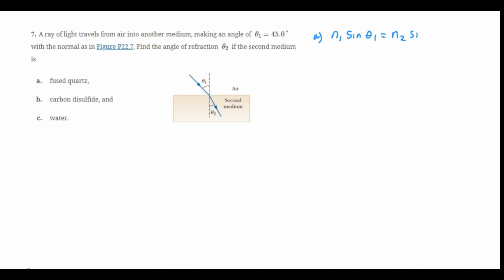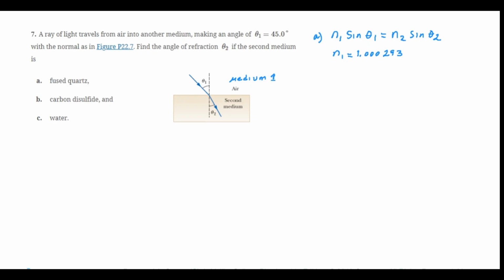Now, we know that for the air, n1 is 1.000293. This is medium 1, and it's air.